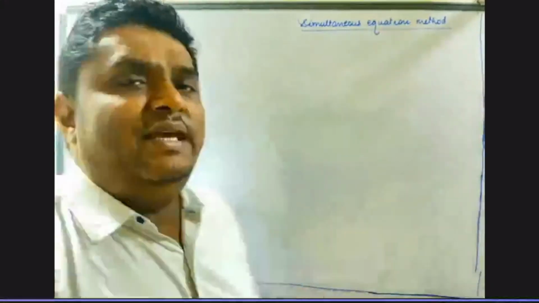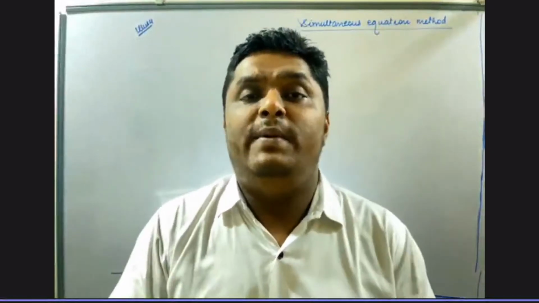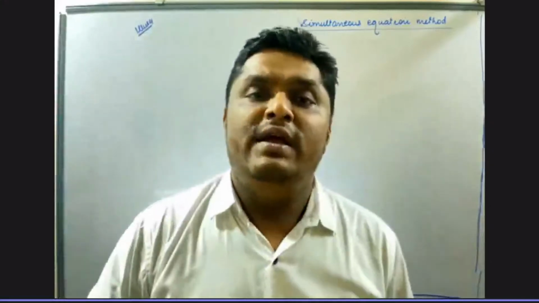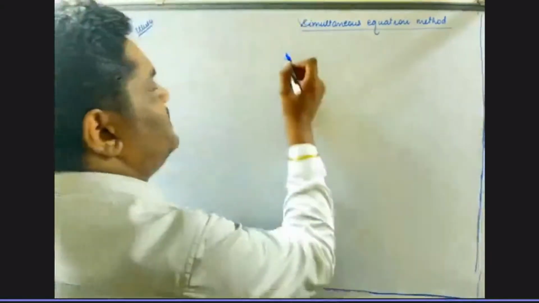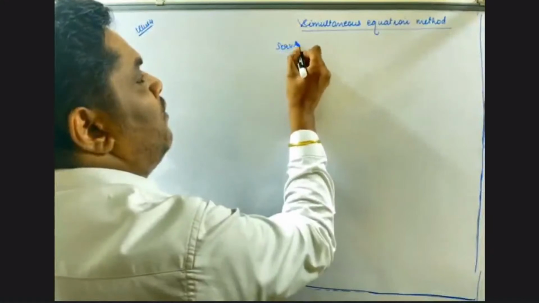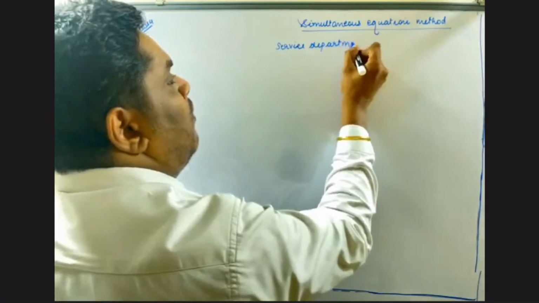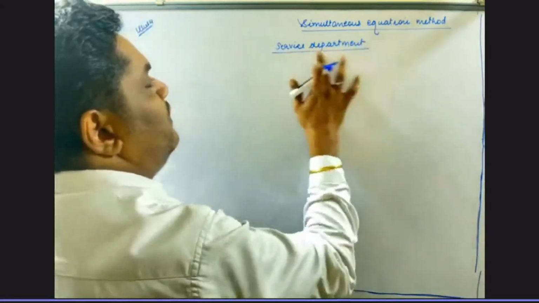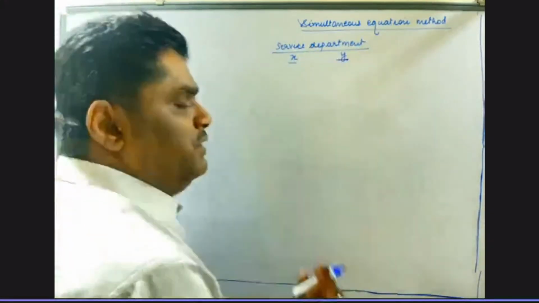We are discussing how to reapportion the overheads if the service departments are providing services to each other. So the first method we are starting with is simultaneous equation method. Now, as calculated above, the total overheads of service departments X and Y are how much?